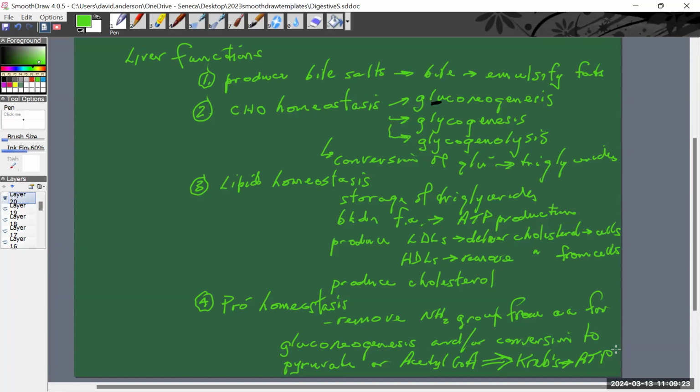The other thing that the hepatocytes are capable of is protein synthesis. In particular, we're talking about plasma proteins. Remember, the biggest contribution to plasma proteins was albumin. It's being produced here.